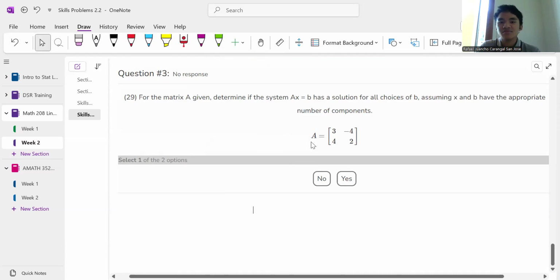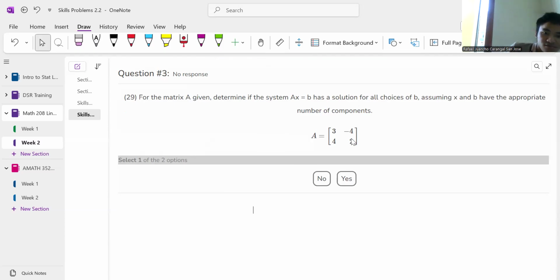Let's determine if the system AX equals B has a solution for all choices of B. But we have this assumption that X and B have the appropriate number of components. What does that mean?